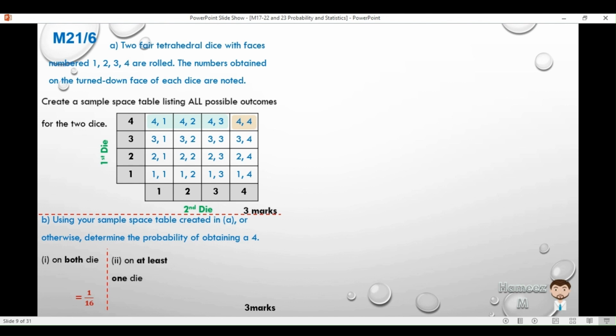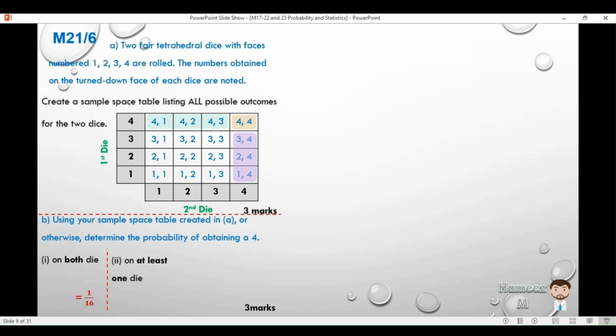So there are 3 possibilities of obtaining a 4 there on that die. And if the other die rolled a 4, then we would get 1 4, 2 4, 3 4. So let's look at the question again. Determine the probability of obtaining a 4 on at least one die. So that will be the one with the purple background, 3 possibilities out of 16.